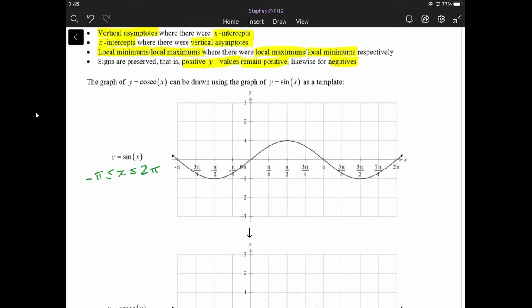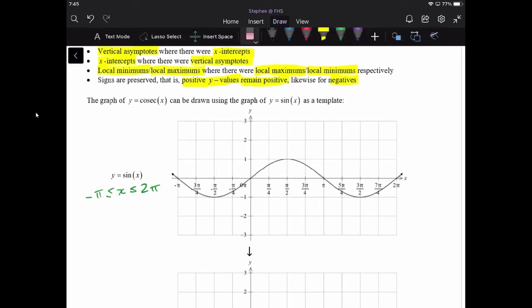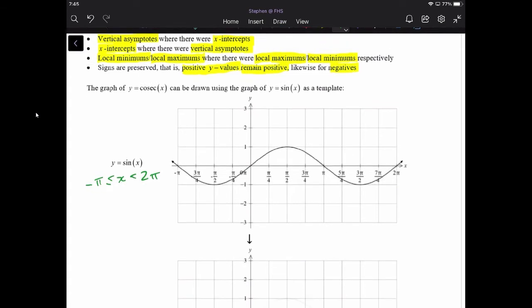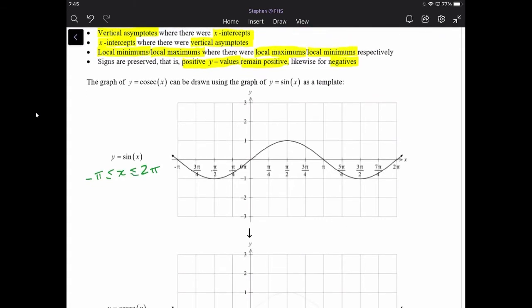That's just for convenience, really. From 0 to 2 pi is really the part we're going to be looking at, but having something at negative pi is also good just to keep an eye on things. Right, so that's just y equals sine x.